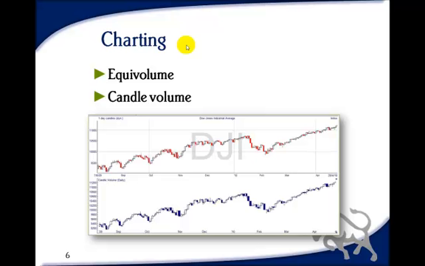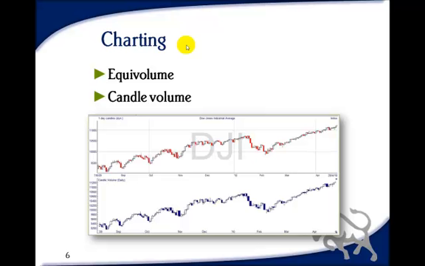So if you've got fat rectangles, then there was a lot of trading volume. But if you have thin rectangles, then the volume was not so much. And if you've got long high rectangles, there's a big range of prices, and with short rectangles there's a short range of prices.